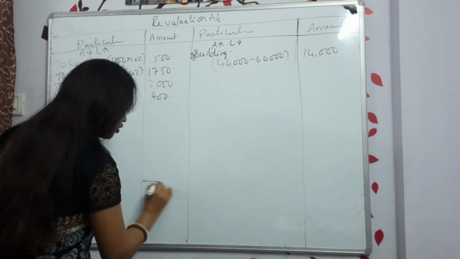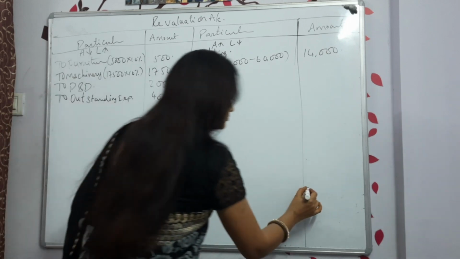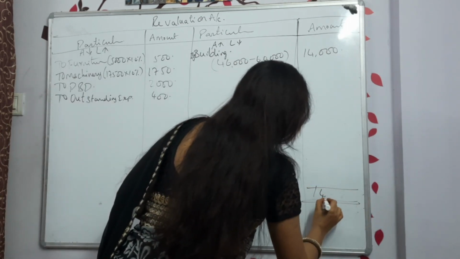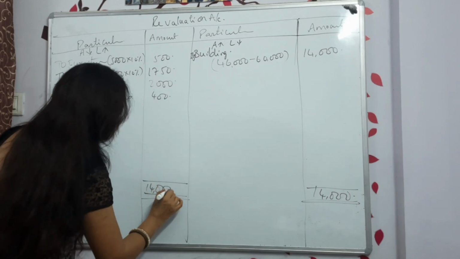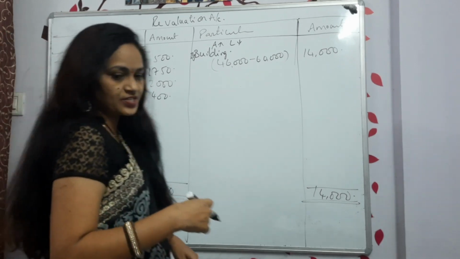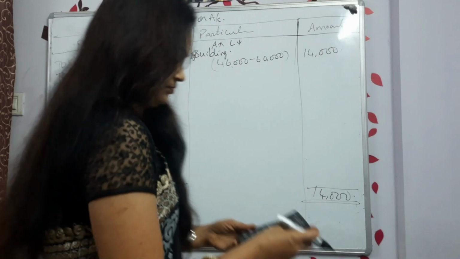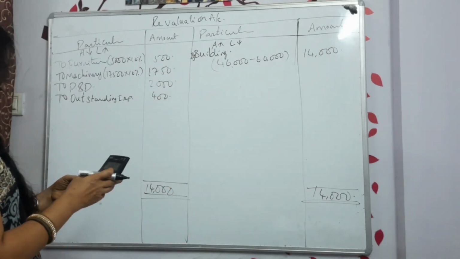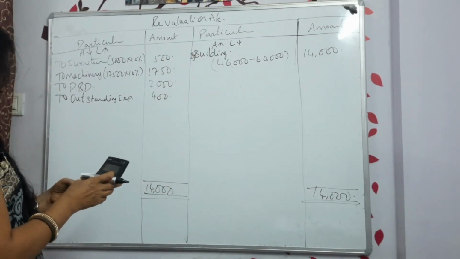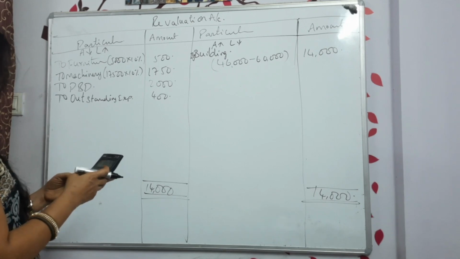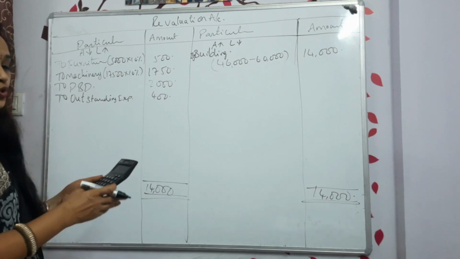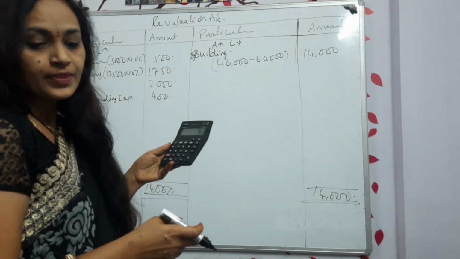Let's do the total. On the credit side we get 14,000. Now what is the total of debit? 500 plus 1,750 plus 2,000 plus 450. How much is it? Total 4,700.